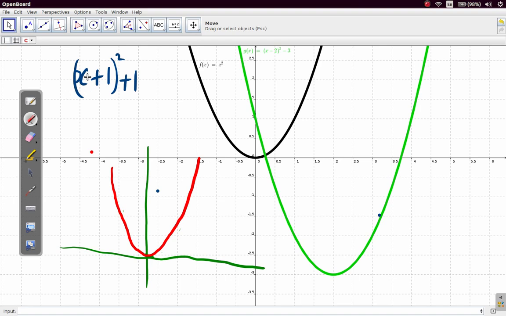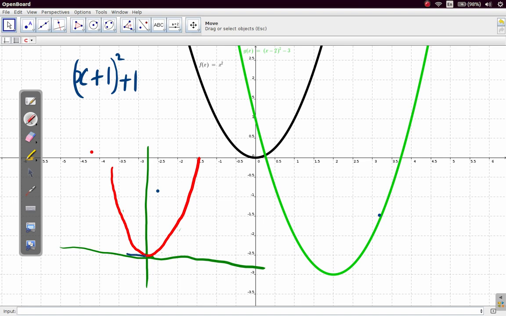Then you should be able to look at this and say, alright, it is y equals x squared shifted: x plus 1 inside the bracket and then squared. You should remember that this means the tip right here, the origin (0, 0), should be moved 1 unit to the left.